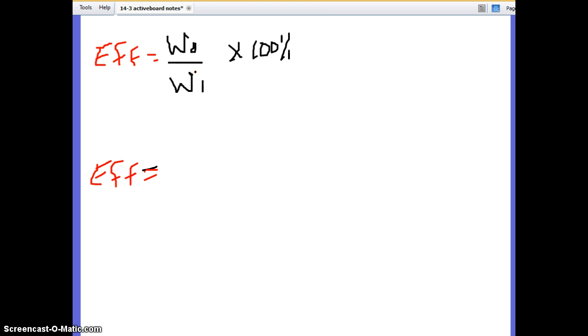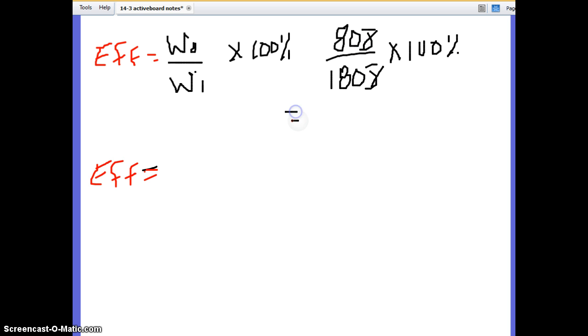So you're going to take your 80 joules and divide by 180 joules, and you'll times it by 100%. So 80 divided by 180 is 0.44, and then you times it by 100, the joules cancel out, and you'll get 44.4%.